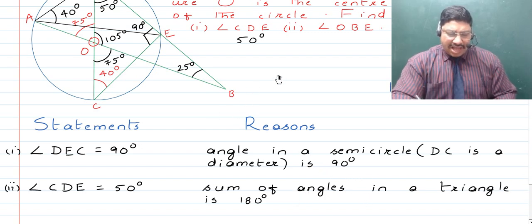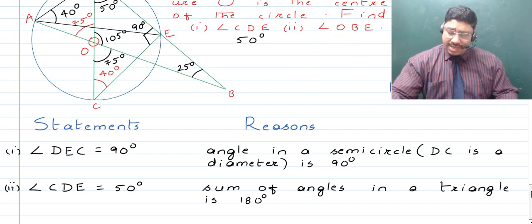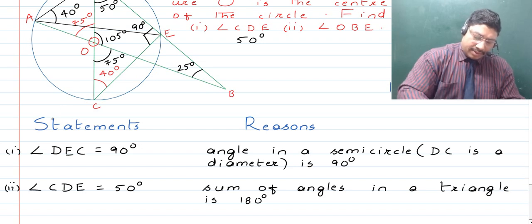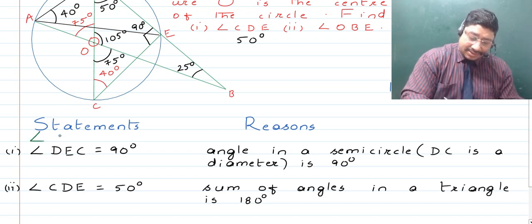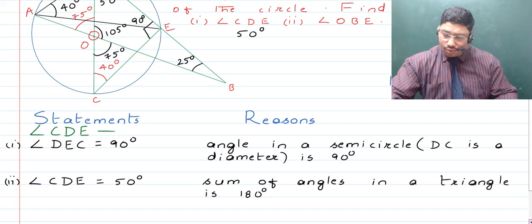Okay, now children, after we've done this, now we come to the second part, and that is you have to find out angle OBE. So here on top, right, you can say that you are actually trying to find out angle CDE, due to which you're writing these statements and reasons. Now for the second part, it is angle OBE.